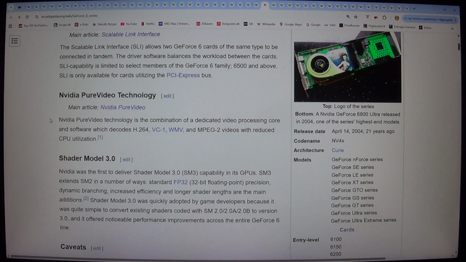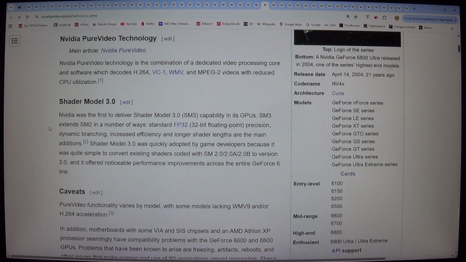Shader Model 3.0. NVIDIA was the first to deliver Shader Model 3.0, SM3, capability in its GPUs. SM3 extends SM2 in a number of ways: standard FP32, 32-bit floating point, precision, dynamic branching, increased efficiency and longer shader lengths are the main additions.